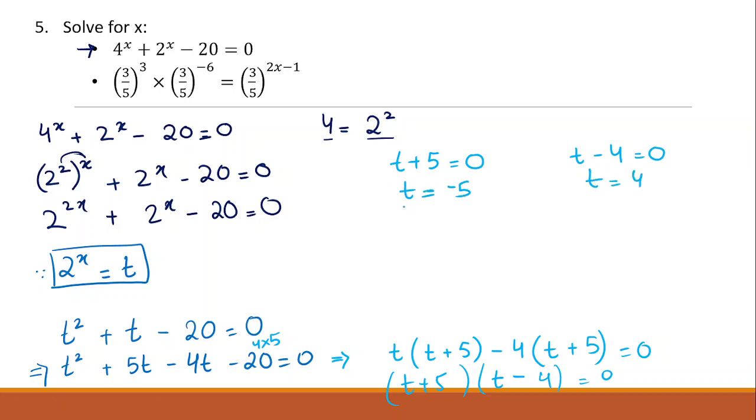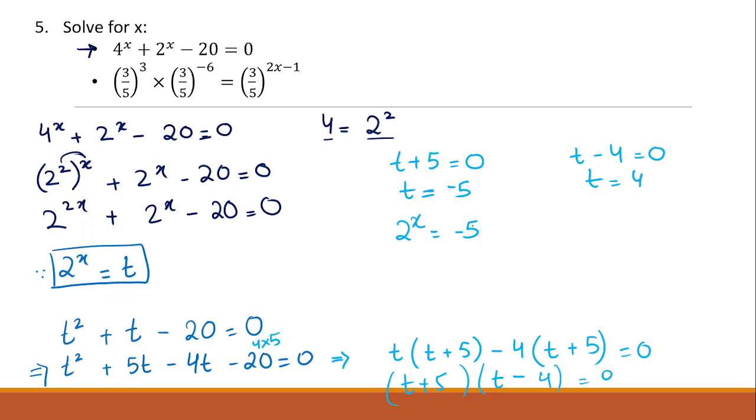In this case, we will eliminate negative 5 because t is basically 2 to the power x. So I can replace t with 2 to the power x equals negative 5. And if you see, for any value of x, 2 to the power x cannot be a negative number. If you substitute a negative value of x or a positive value of x, or 0, you will never get a negative value.